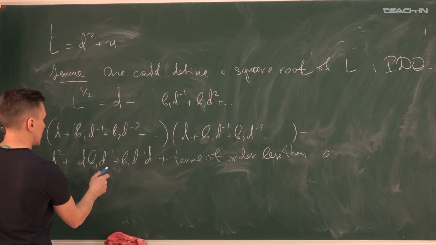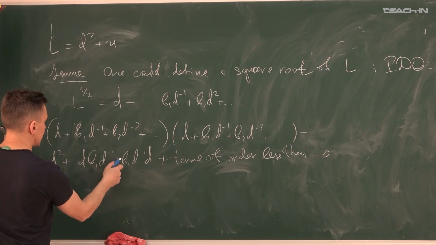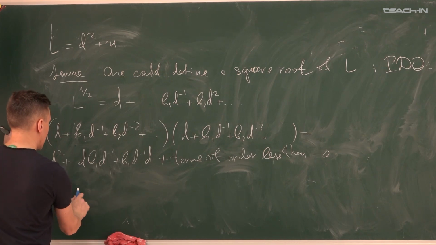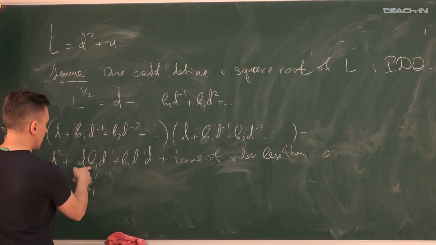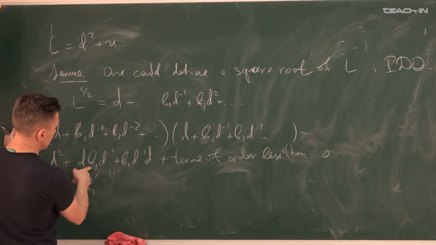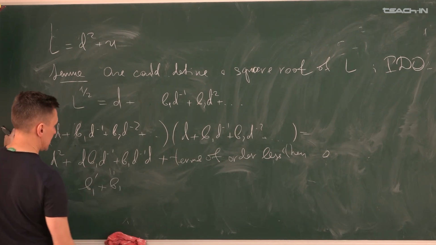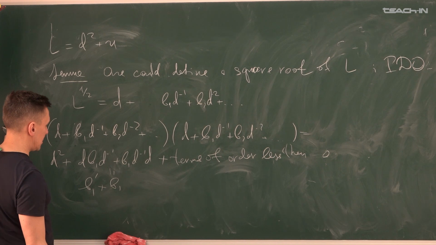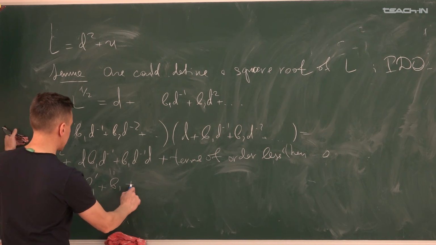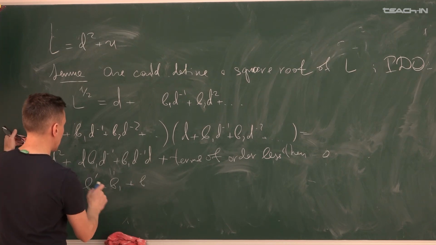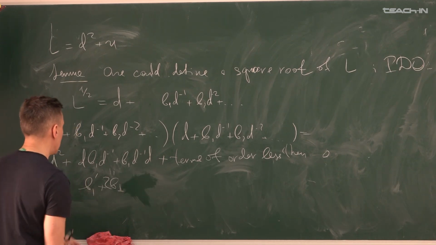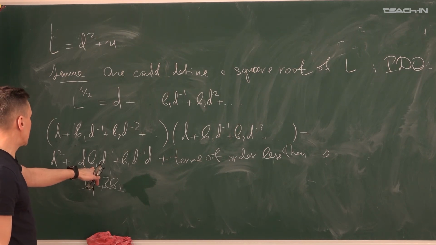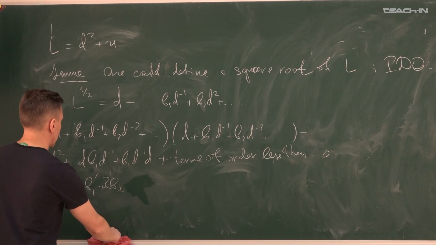And this is what is here. This is b1 prime, b1 prime plus b1, plus 2b1 d, just a moment.